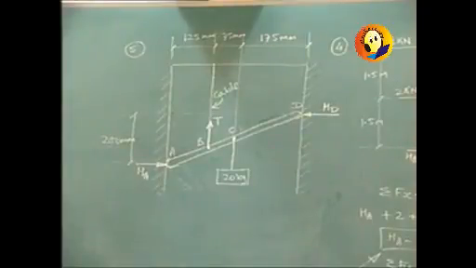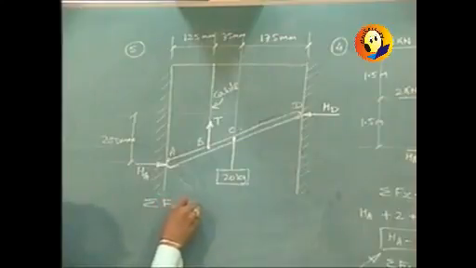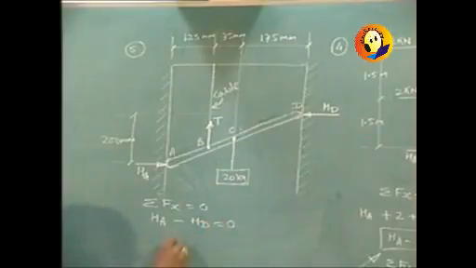I can write sigma Fx equal to 0, which will be HA minus HD equal to 0, or you will get HA is equal to HD.